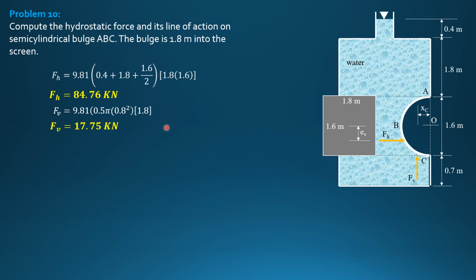Then the resultant, let's solve for e sub V, which is height of rectangle 1.6 squared over 12 h-bar. So 1.6 squared over 12 times the quantity 0.4 plus 1 plus 1.6 over 2. So e sub V is 0.0711 meters.